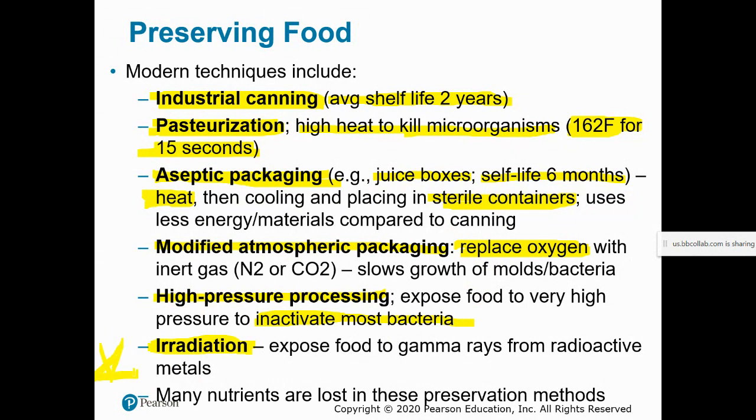So an interesting issue though with food preservation is that many nutrients actually get lost in these various preservation methods. So obviously at some point in human history, food preservation was very necessary because we didn't have such a robust food supply where we are growing fresh food all year long and able to ship it all across the globe.